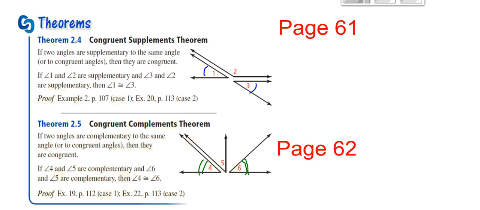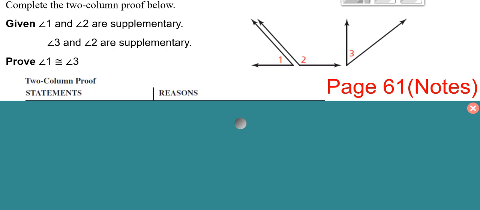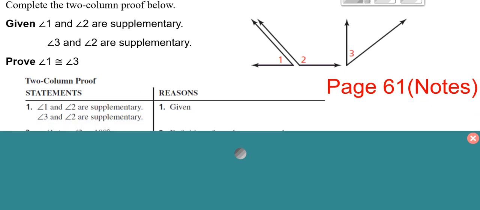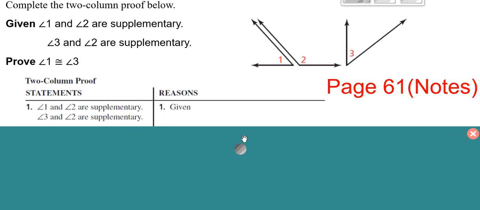So we'll look at the first theorem. We can put this on page 61 in our notes. So given angle 1 and angle 2 are supplementary, angle 3 and angle 2 are supplementary, as we do our two-column proof here, our given statement is first.